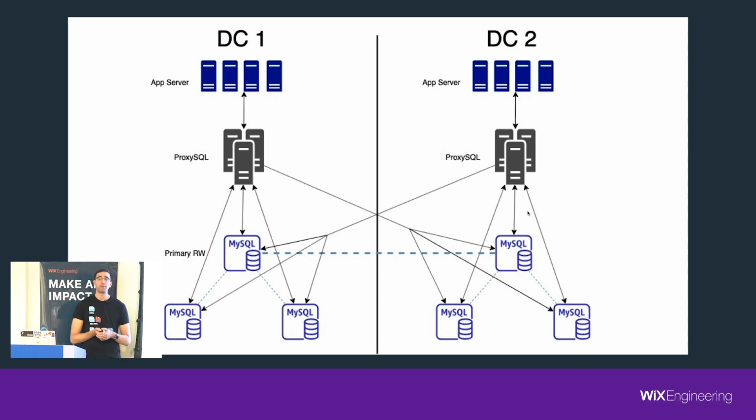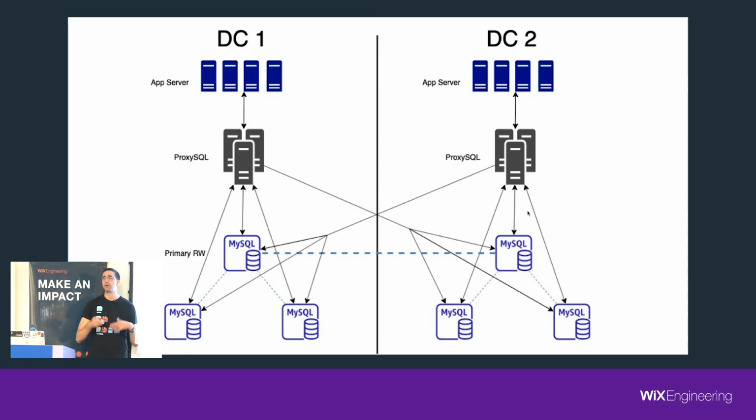And the ProxySQL is aware of all the nodes in the cluster, meaning if we have different MySQLs in different regions across the world, the ProxySQL is aware of that, and if there's no MySQL available in the current region, it will transfer you to another MySQL that's available, the nearest one available.